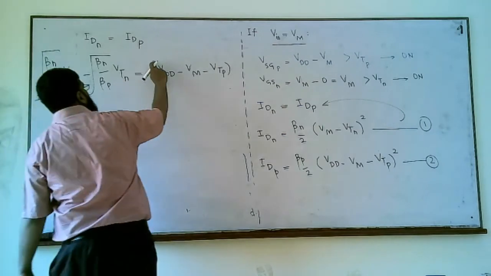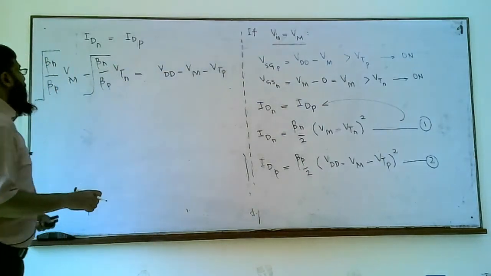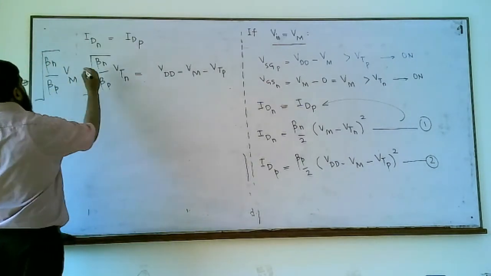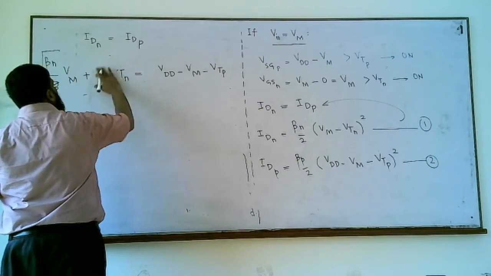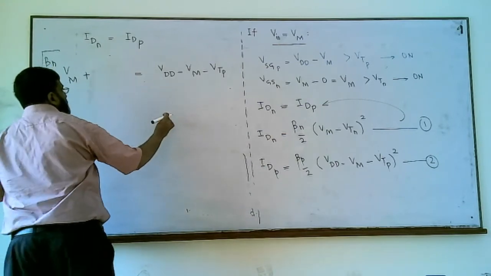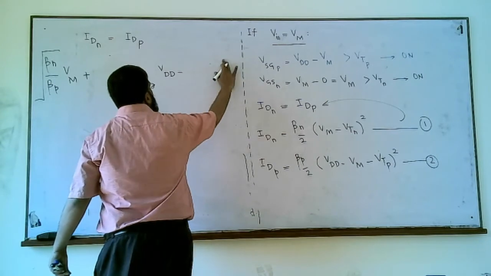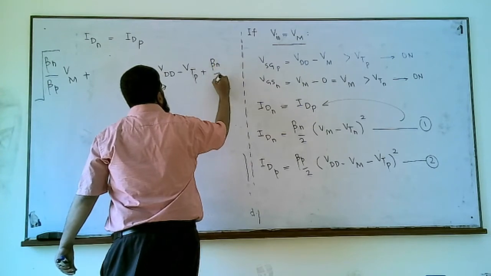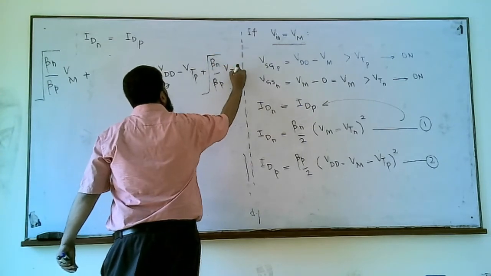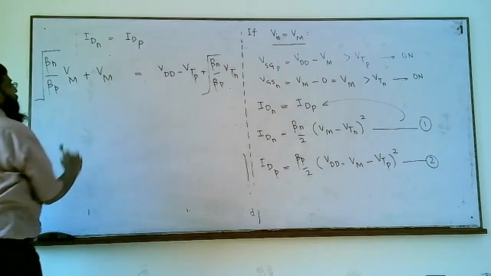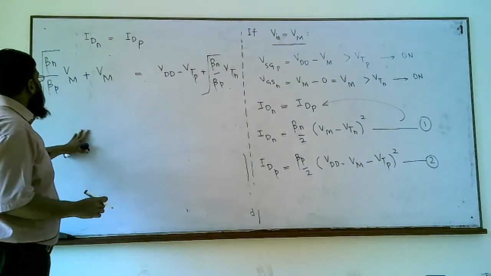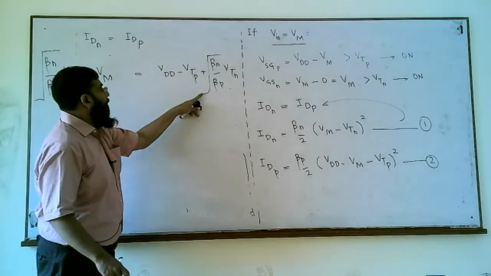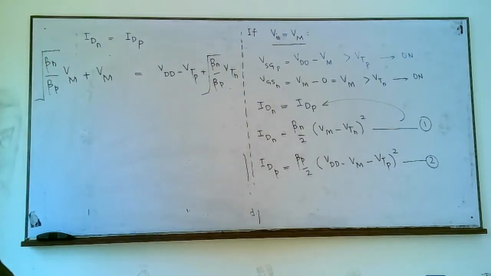Right, so now we have the VM terms on one side. If we take this VM here, it becomes plus VM, and we take the minus term to the other side, so this becomes minus VTP plus the square root of beta n over beta p times VTN, and this becomes plus 1. I have done something very quickly: I have taken this VM on this side and this whole term on the other side, and it becomes a plus.